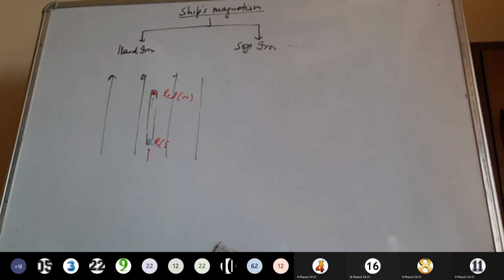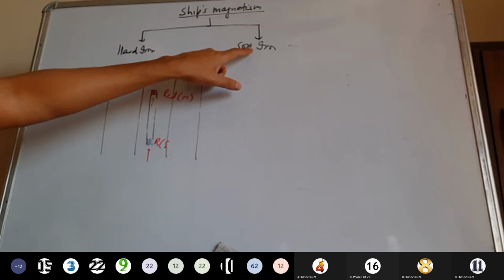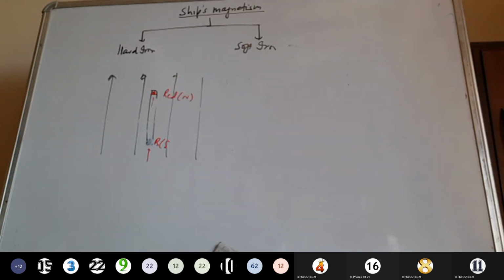So hard iron is that iron that is difficult to magnetize and difficult to lose magnetism if the inducing field is removed. In contrast to that, what is soft iron? Soft iron is that iron which, if it is kept in the field, will acquire magnetism very fast, and induction will be very fast. But as soon as we remove the inducing field, it will also lose the magnetism very fast.